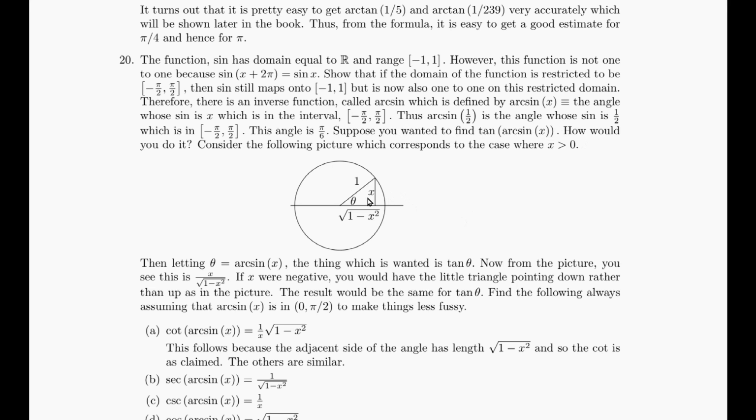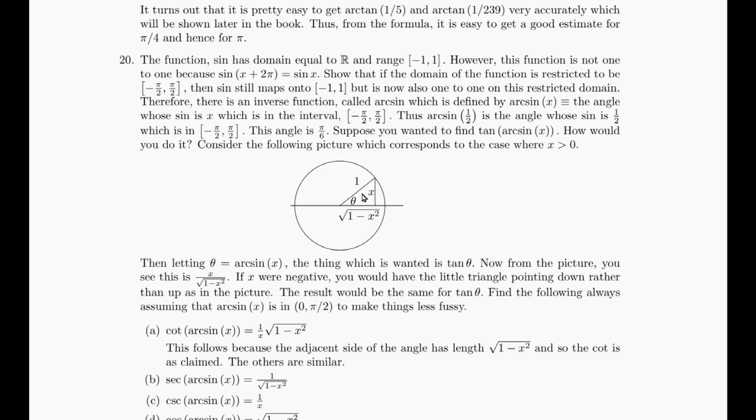Well, assuming that we're looking at arcsine of x, this is something between minus pi halves and pi halves. It could be in the first quadrant. If x is positive, that's where it'll be, won't it?